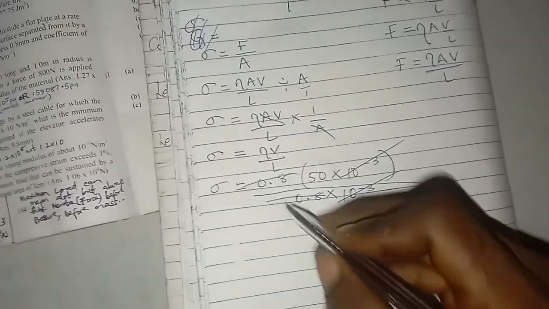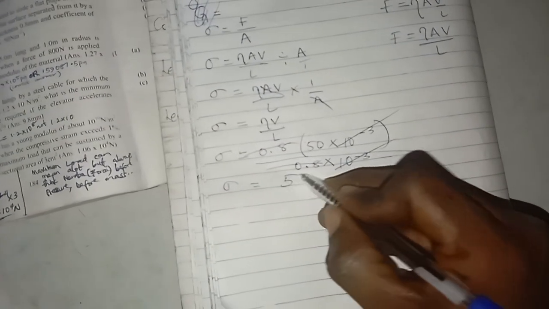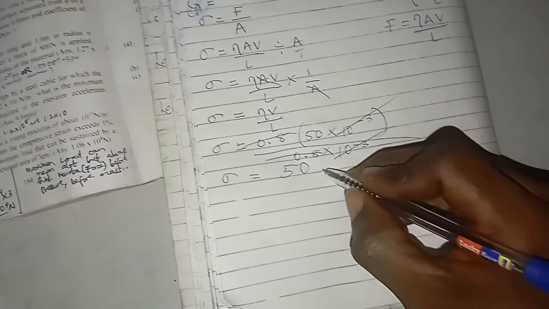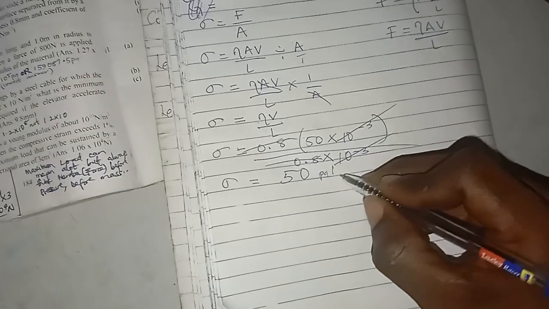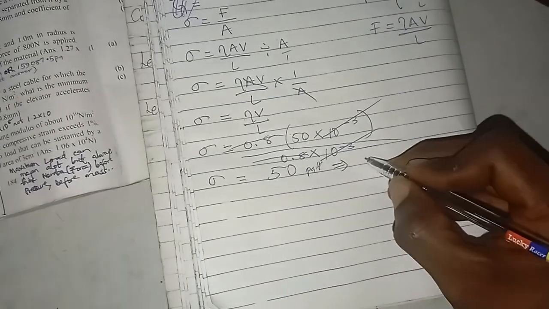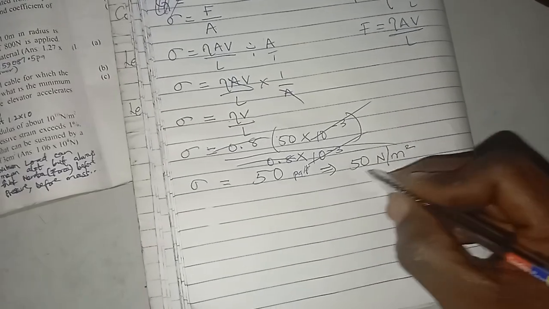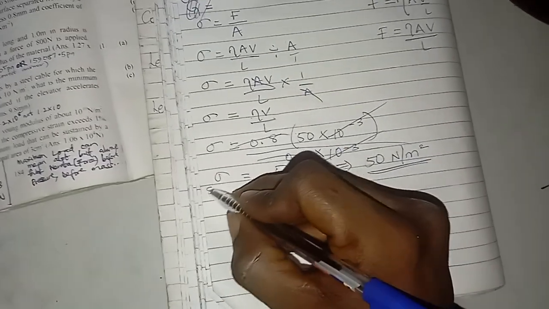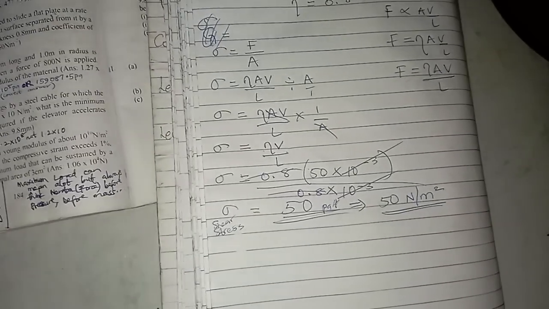This can take care of this, this can take care of this. So shear stress is simply remaining 50. So it's simply 50, and stress is in Pascal, or you say 50 Newton per meter square. So whichever one you want to use. Remember, this thing is shear stress. That's the symbol for stress. So that means I have that.